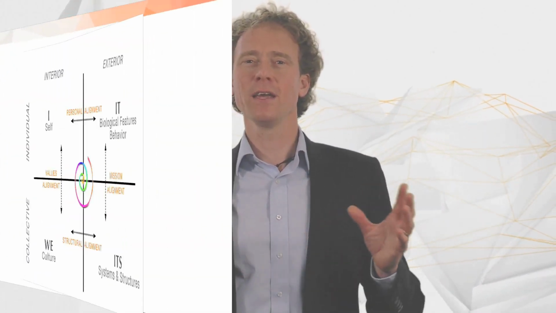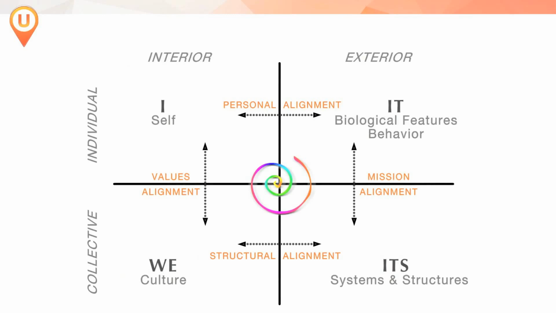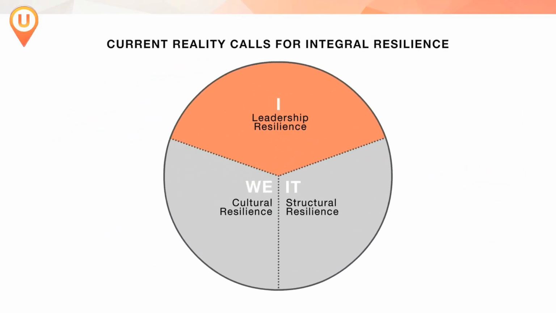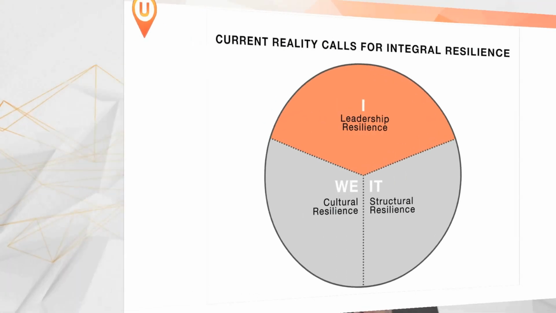And you can take the 4 quadrants that we looked at and compress them into 3, where you take the upper 2, which are really about the individual, put them in 1, and you get the I, the leadership resilience. So the individual needs to be resilient. And the way we can be most resilient in these contexts is to be able to access the full spectrum of those value systems that I just talked about.